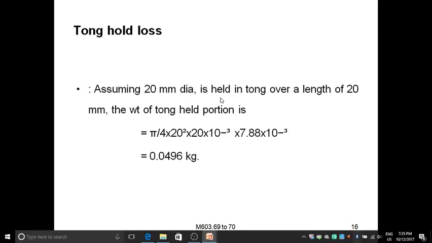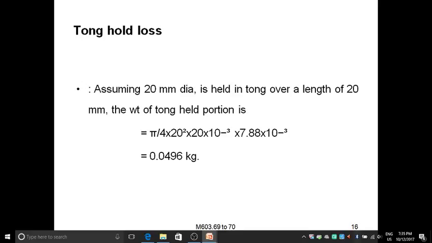Then you come back to the tongue hole losses. You are aware that we already discussed that tongue hole loss means the amount of material that will be held in the tongue while doing the operations. Normally a 20 mm length, or 2 centimeter projection, will be held.